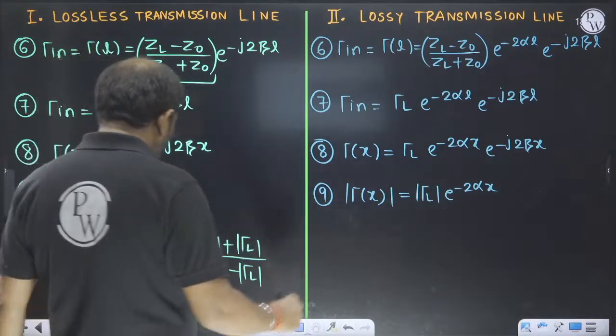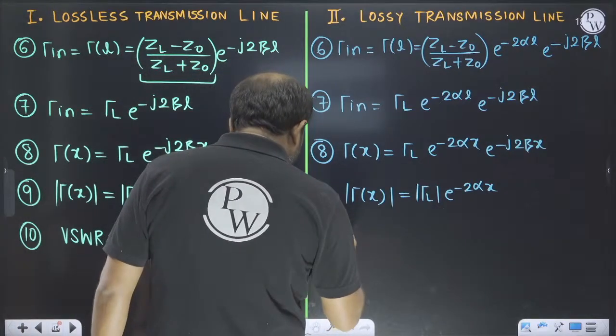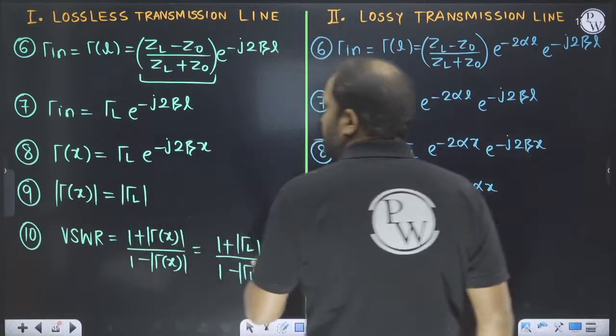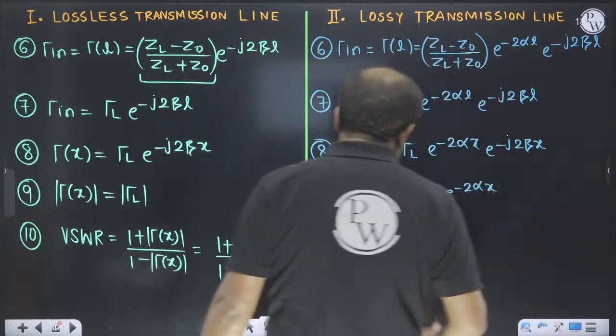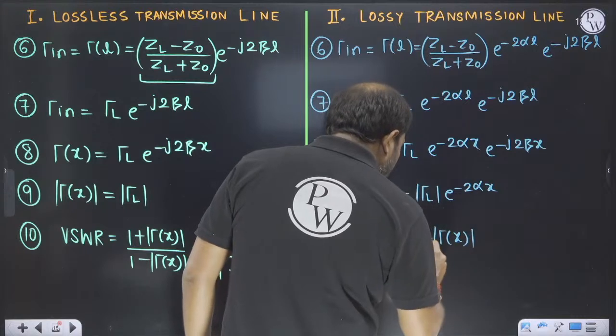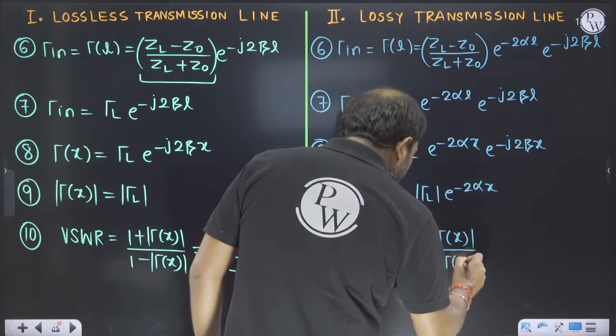So in case of VSWR, what will it be? Many people will do it like this only. For a lossy transmission line, VSWR will change.